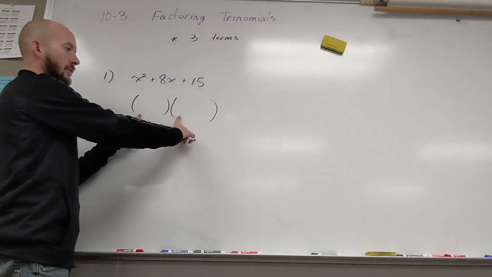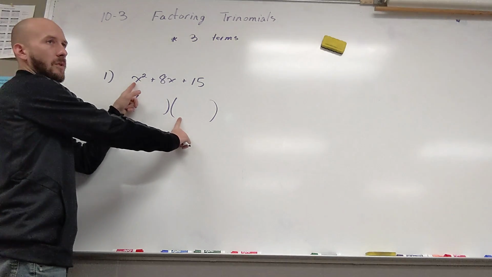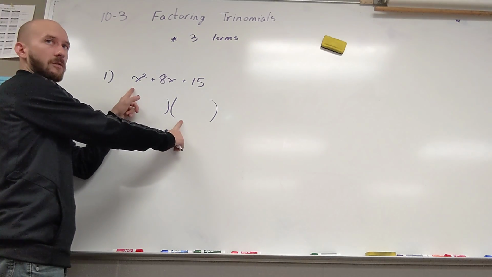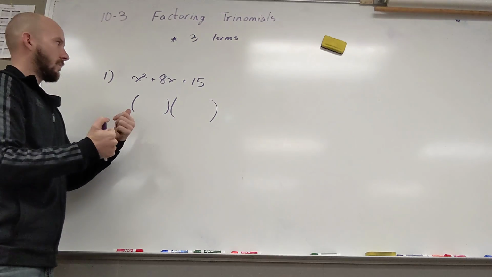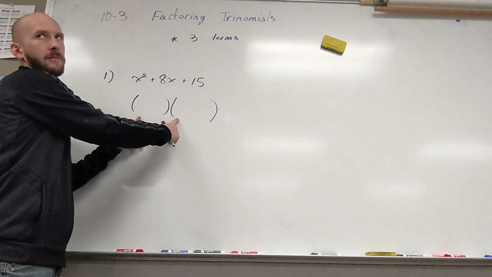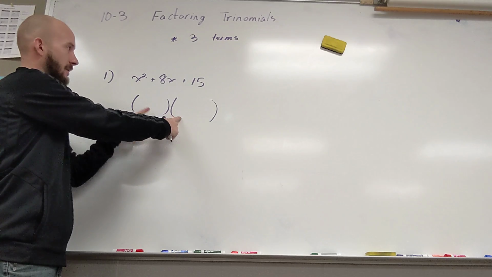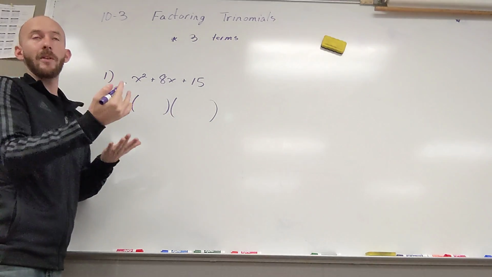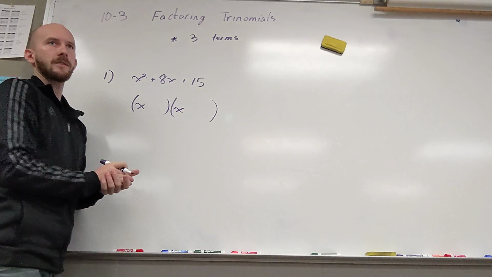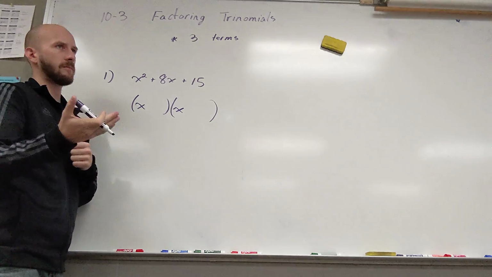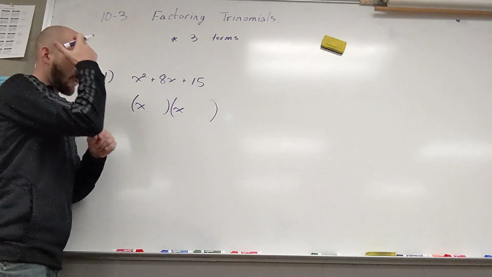So these first 2 things multiply to be x squared, right? So that tells me what these 2 things have to be. The only thing that can be is x and x. X times x is x squared.